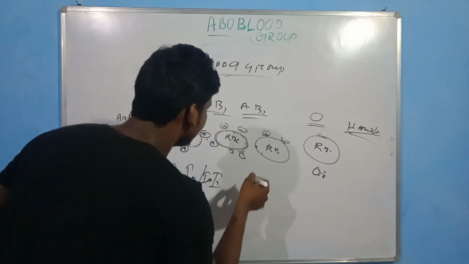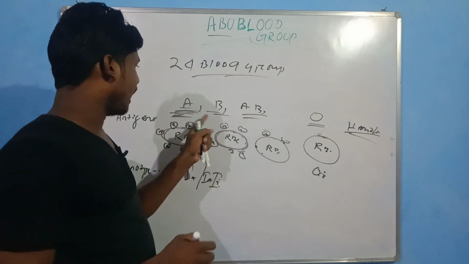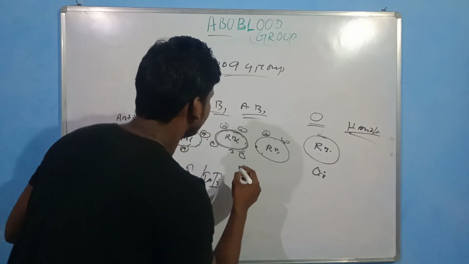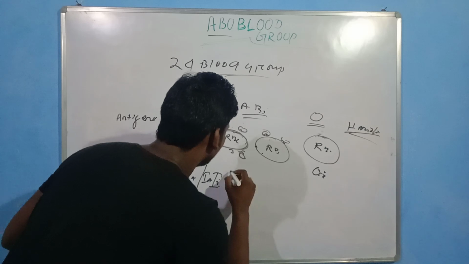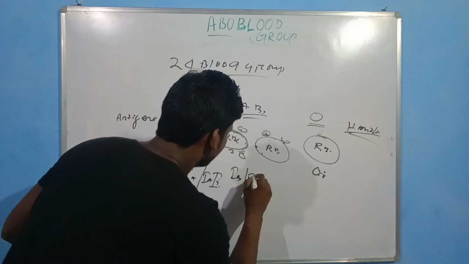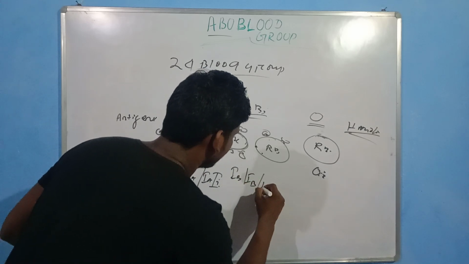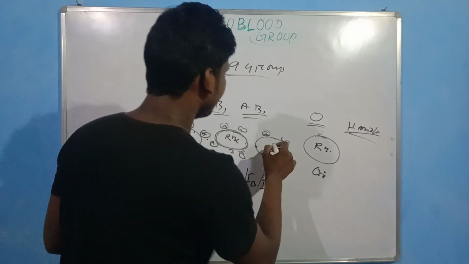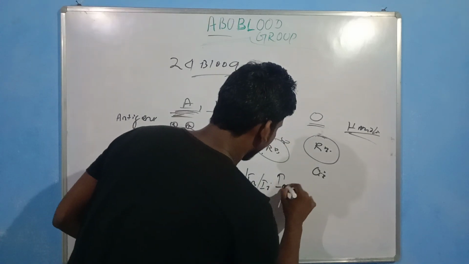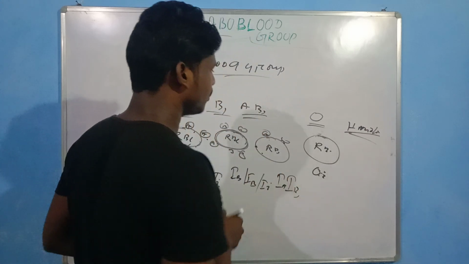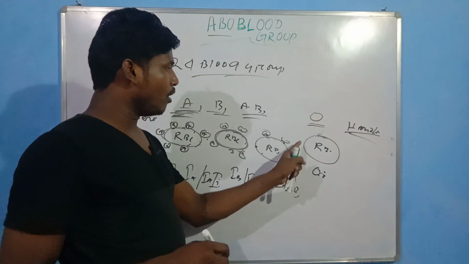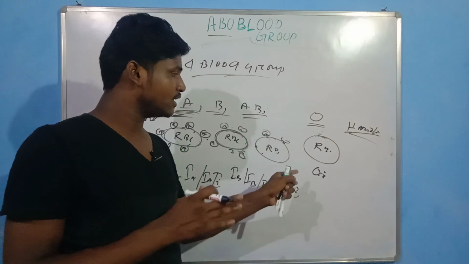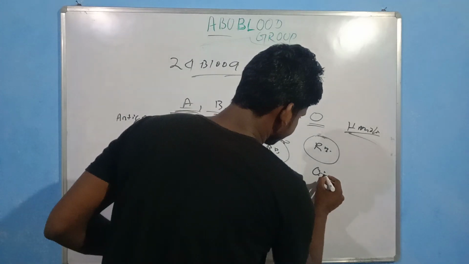Similarly, in the B blood group the B antigen is present with the H molecule, with genotype IB IB or IB i. AB contains IA and IB with the H molecule, and the O blood group cannot contain A or B antigen, but it contains the H molecule.